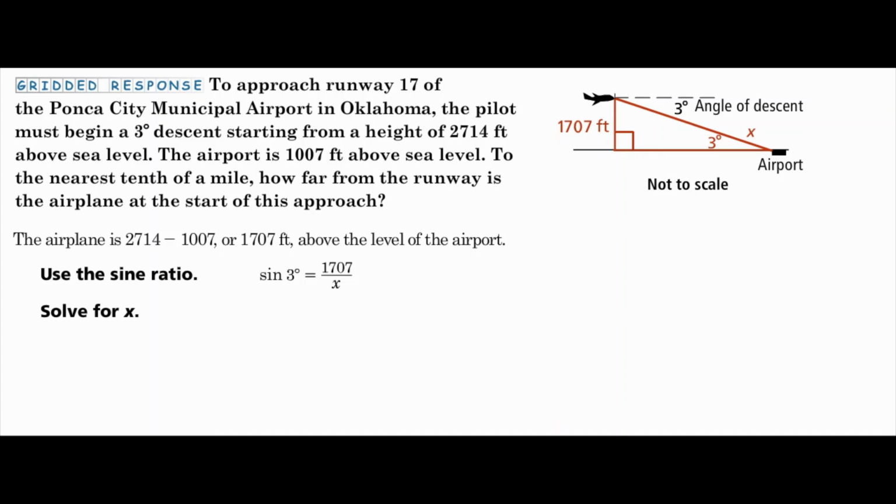Solve for x. First, multiply each side by x. Then divide each side by the sine of 3 degrees to isolate x. Next, use a calculator to simplify.